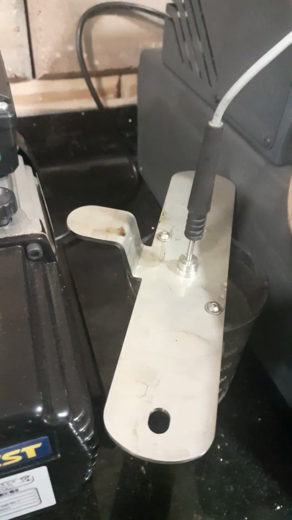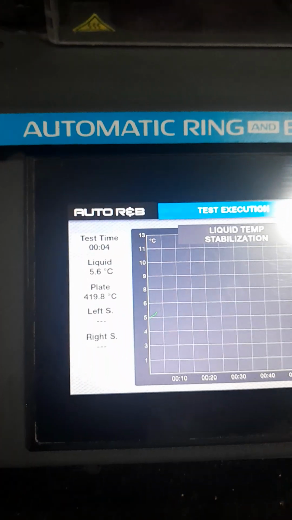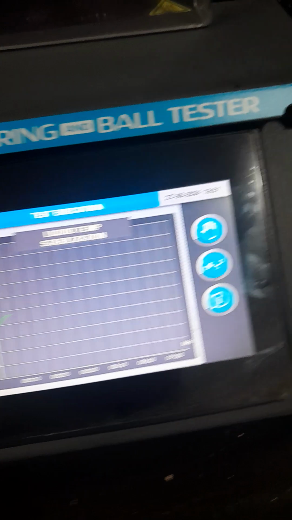So the temperature is rising to 4.4. Yep, here we are. We have gone to 5.6.